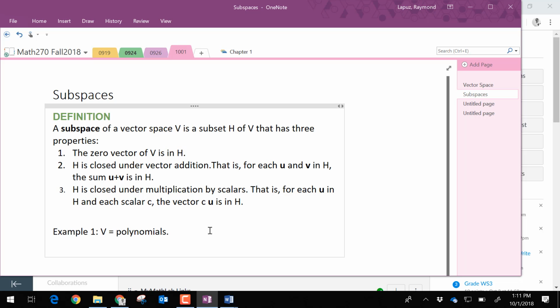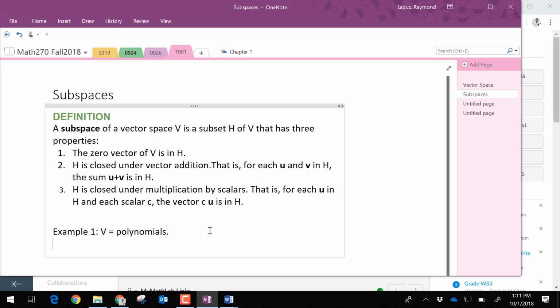I'm going to see if I can come up with a subset of this set of polynomials that would be a proper subset, meaning I'm not going to include everything.